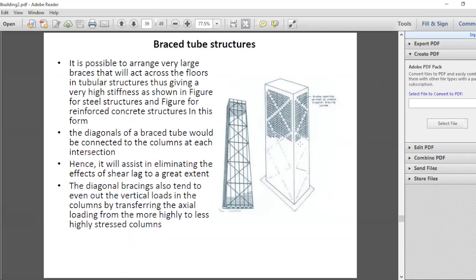So you get a nice pattern, but you lose some of the openings, and those filled openings will form a bracing on the outer surface. So the structure becomes fairly efficient in carrying lateral loads. And these are doing the same thing for a steel structure by having very large bracings on the outer periphery.